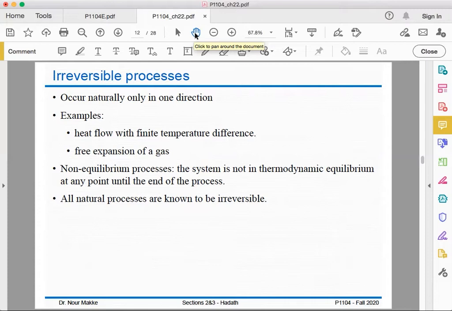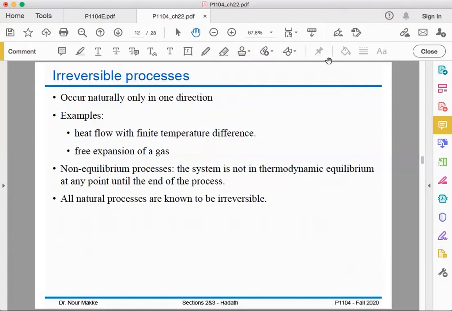And those are non-equilibrium processes. So the system is not in thermodynamic equilibrium at any point until the end of the process. So only the initial state and final state are equilibrium states. And all natural processes are known to be irreversible. So all the processes that we see in the universe are known to be irreversible. Okay.